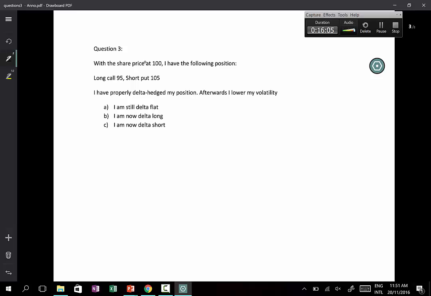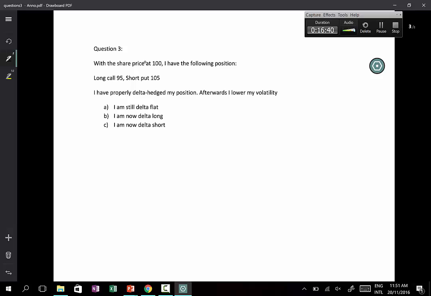So question C, with the share price at 100, I am long a call at 95 and I'm short a put at 105. My habit is I like to try and draw a diagram.